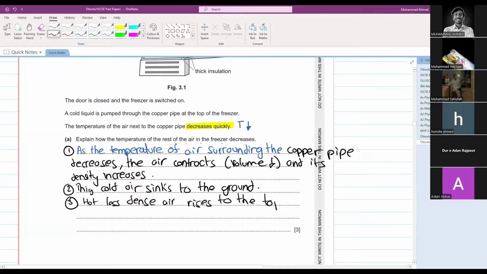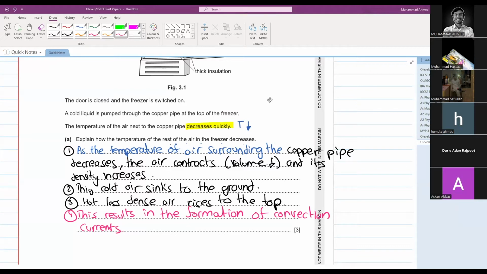And if you are really aiming for an A star, बेटा अगर A star के लिए really aim कर रहे हो, तो last point is something that an A star student will write. You will say this results in the formation of convection currents. ये word देख के examiner will be really happy.